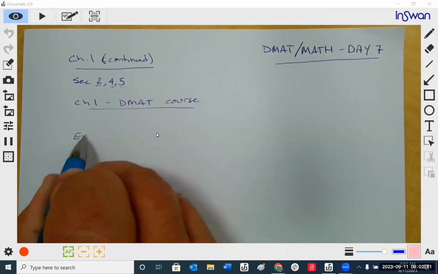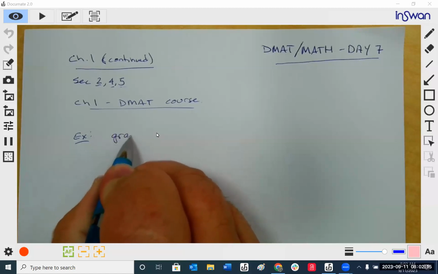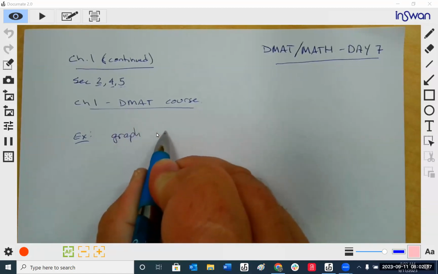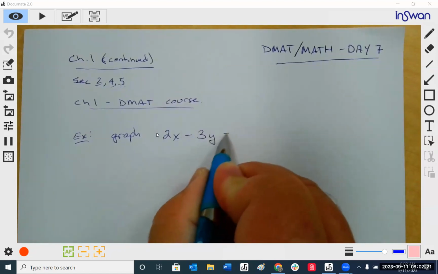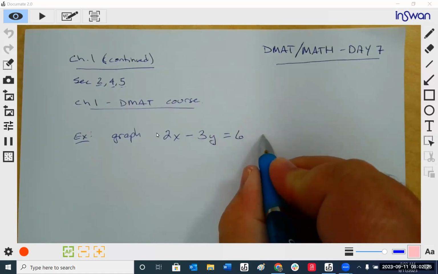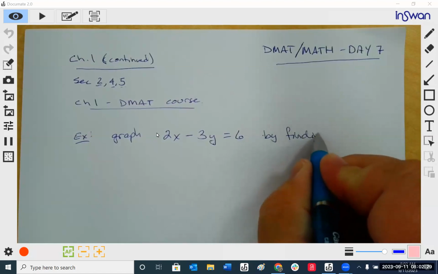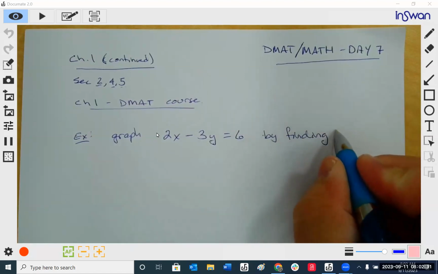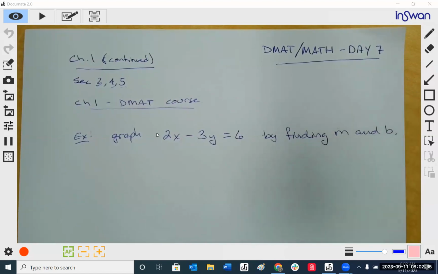Here's a review of what we did last time. Graph 2x minus 3y equals 6, by finding m and b.